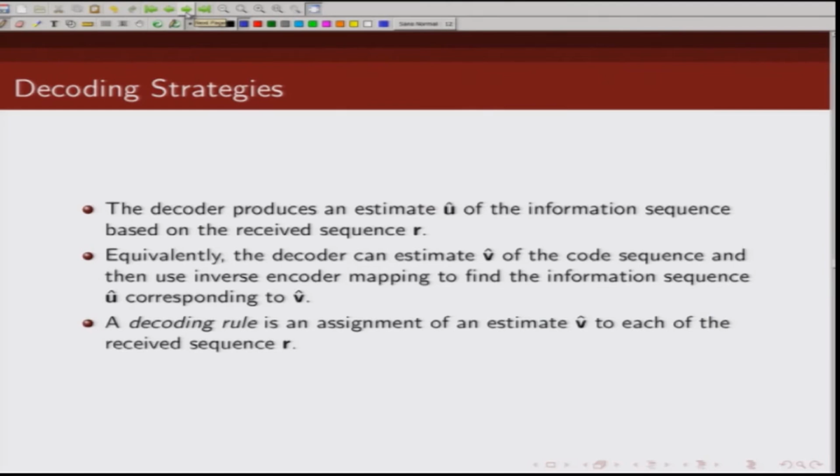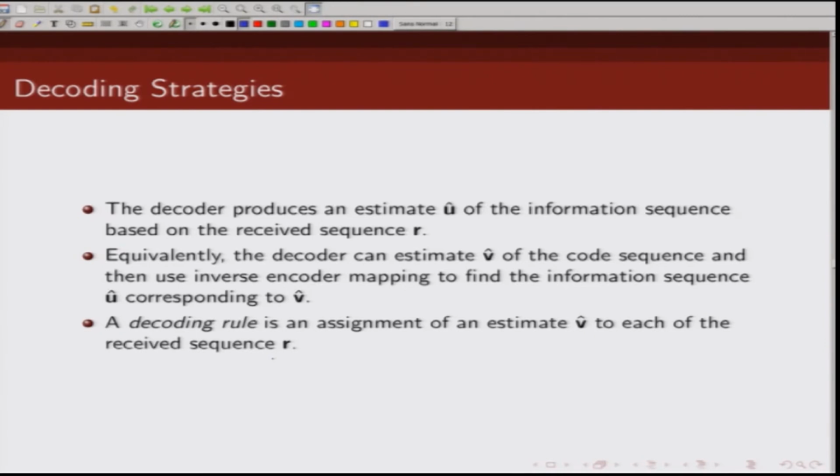So, what is a decoding strategy, or what is a decoding rule? A decoding rule is nothing but, given a receive sequence R, we are trying to estimate what the transmitted code sequence was. So, we are trying to estimate V hat or U hat from the receive sequence R.